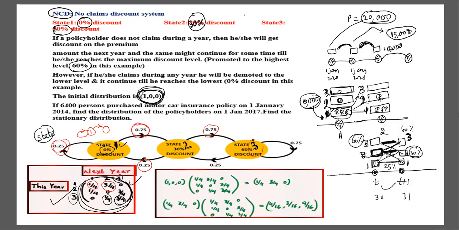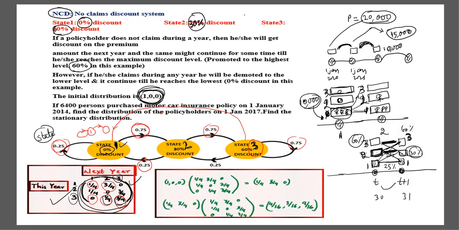You are at three now. Three to three is 75% and 3 to 2 is 25%. 3 to 1 is 0, which means there is no direct arrow like this.